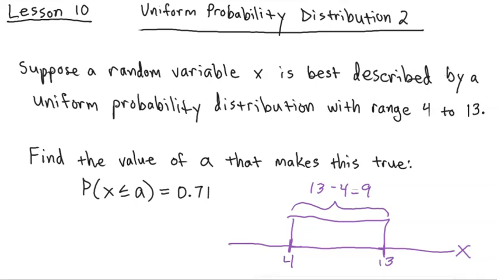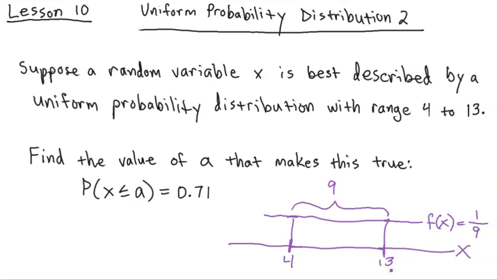Because it creates a range of 9, we know the height of the density function, which is the top line of this rectangle, the probability density function, the PDF. In a uniform probability distribution, the PDF is simply f of x equals 1 over the range. So that's 1 over 9.